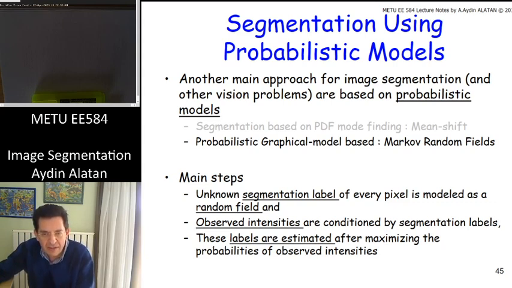And maybe after some slides, there will be too much math. You will maybe forget these concepts. But the main thing is, I'm trying to estimate labels. These labels are random variables. The only thing I have is an observation of image intensities, and they are conditioning on each other.